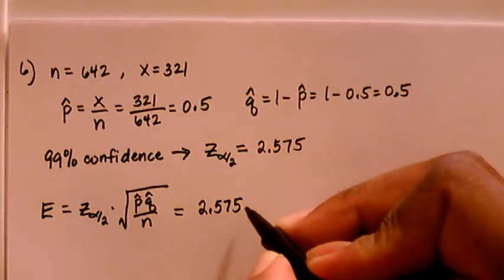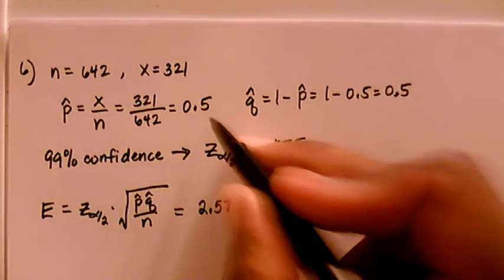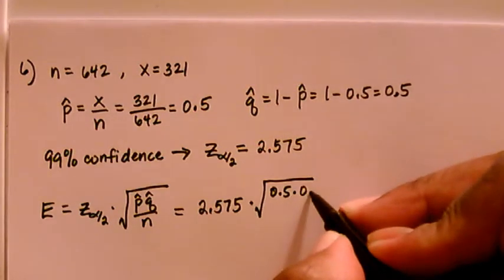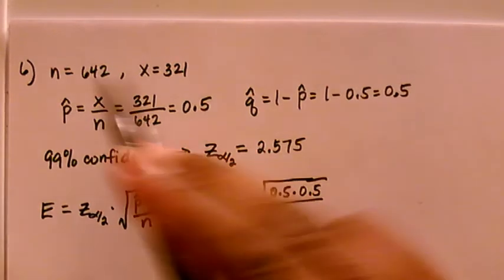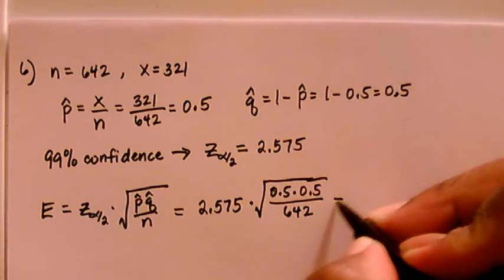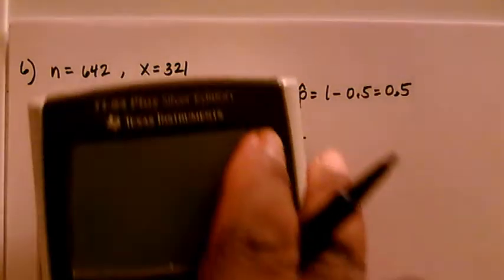And that's going to be multiplied by the square root of P hat was 0.5 times Q hat, which is also 0.5, divided by N. N is our sample size at 642. Okay, and then we can type all that into the calculator.